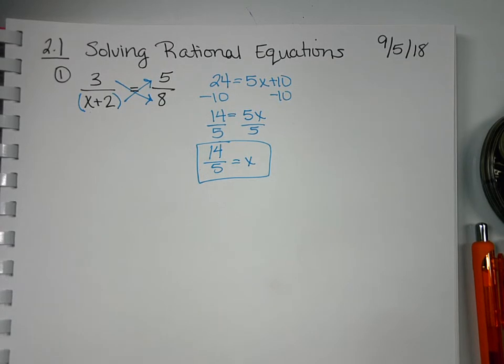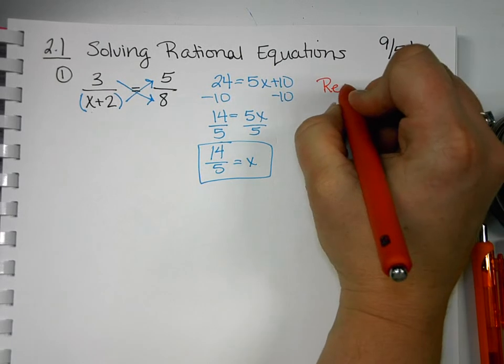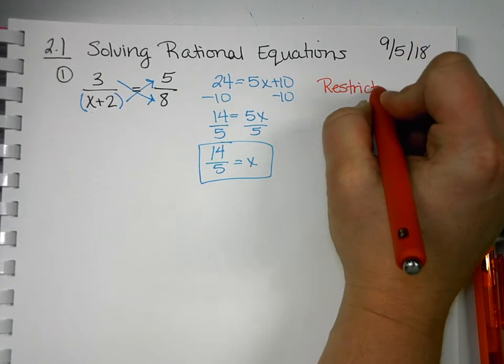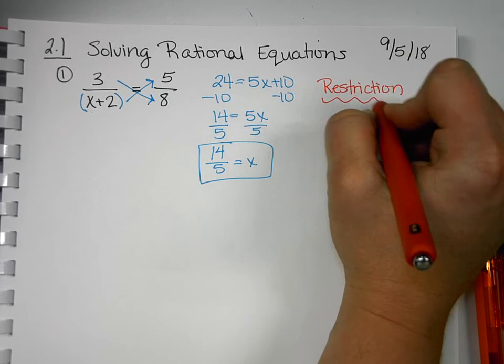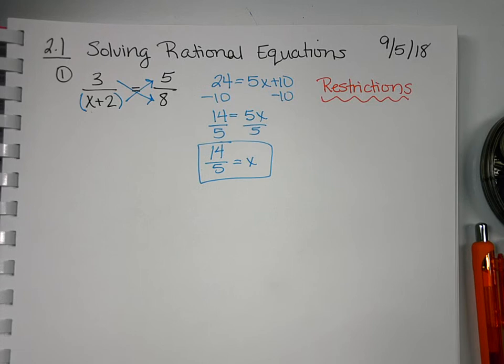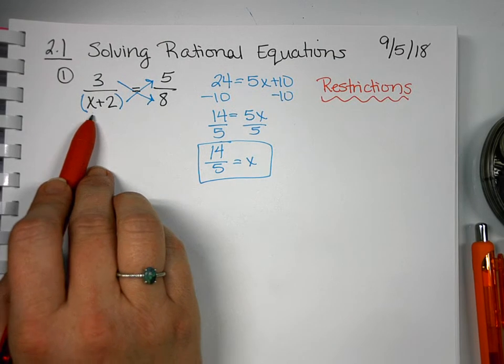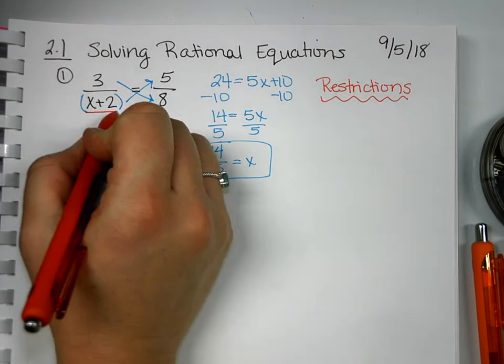So here we have just a basic proportion, but I also want to highlight something that we don't always think about when it comes to fractions. And that is, every time we have a fraction with a variable in the denominator, we have to think about restrictions. So these are the values that x can never be because it's in the denominator. So in this rational equation, I had x plus 2 in the denominator.